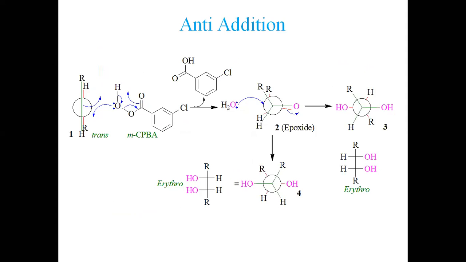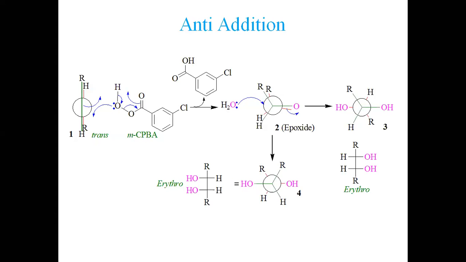If the olefin is cis, syn addition shall give you an erythro entity. If we have a trans olefin and syn addition takes place, it shall result in threo products.